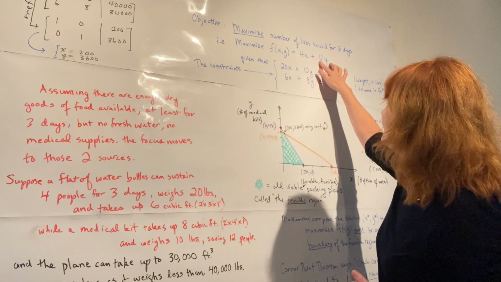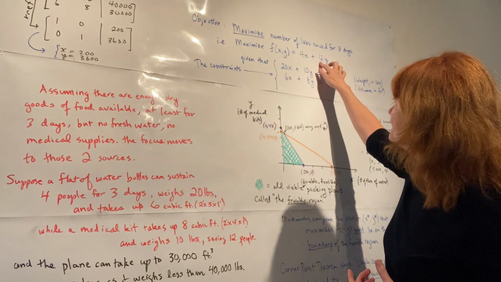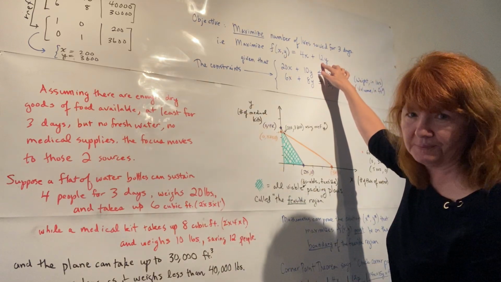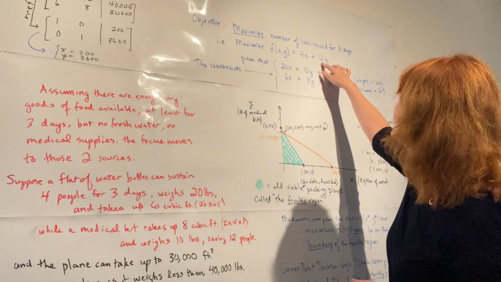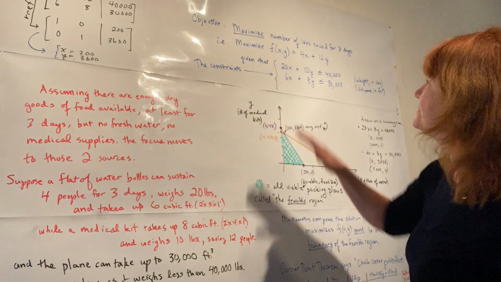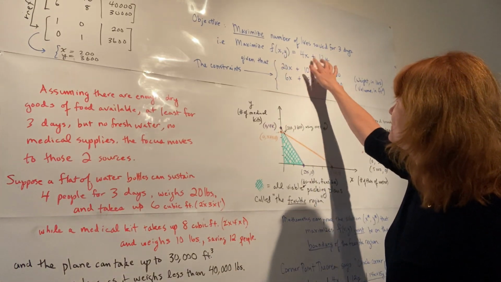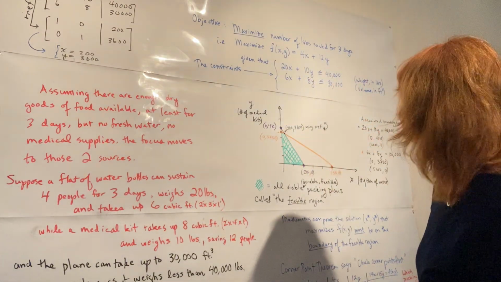The 12y here, y is the number of medical kits. That 12 is there because for each medical kit, we stated over here, it can save 12 people. Enough supplies in there and so forth to save 12. Right? So we need to maximize this function, f of x,y, its value, given these constraints.